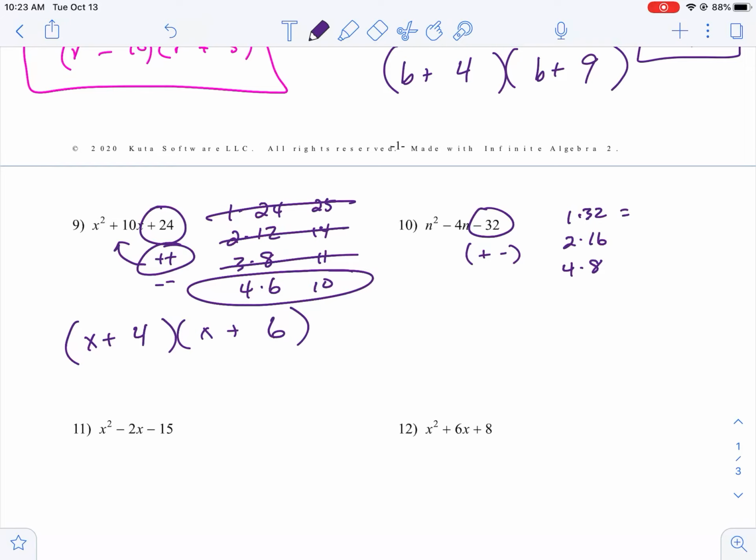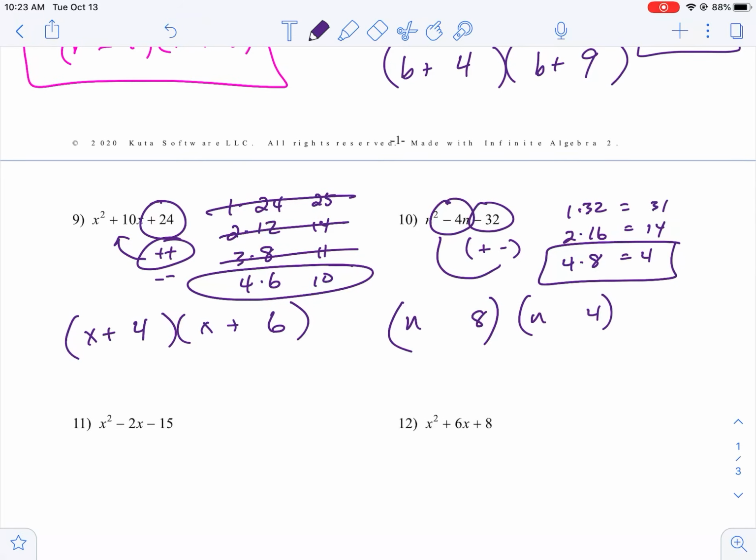All right, so it's one of these. 32 minus 1 is 31. 16 minus 2 is 14. 8 minus 4 is 4. Bingo. Okay, so N8 and N4. Okay, now when it's one of each, you got to think about which sign. The bigger number goes with the middle sign. So N minus 8 and plus 4.